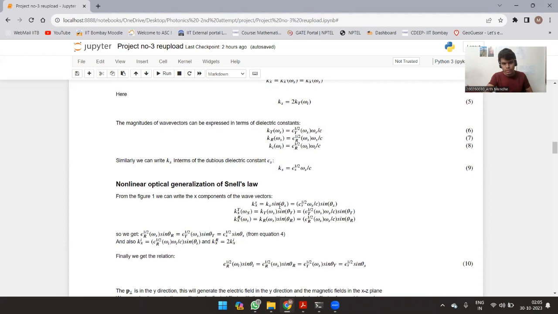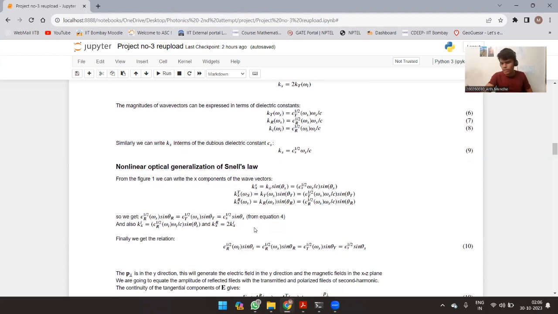We get these equations: kt at omega s, 2 omega sine theta t, should be proportional to epsilon t to the power half times sine theta t, and there's also a factor of omega s by c. Similarly for the reflected wave. If you compare the dielectric constants and the sine theta, you get this equation, which is important.